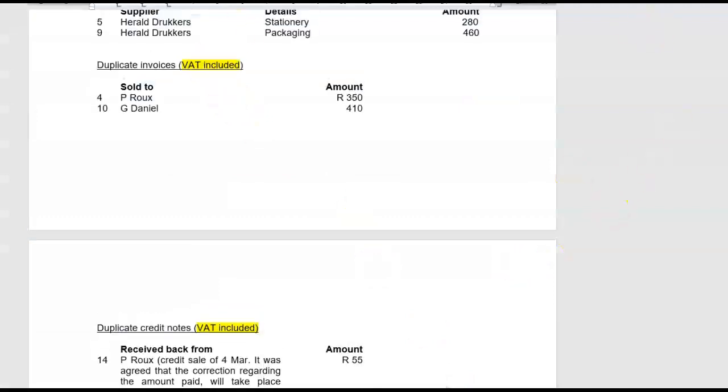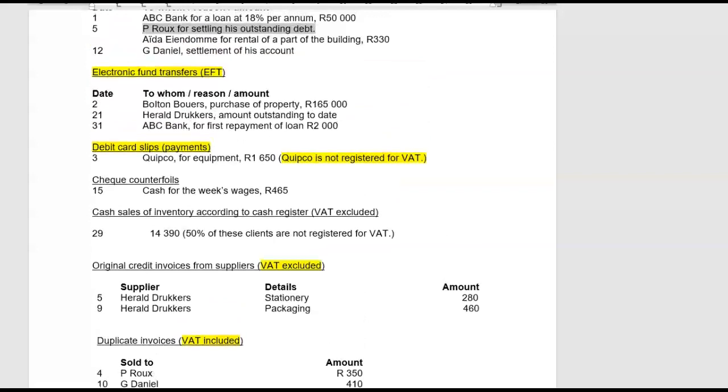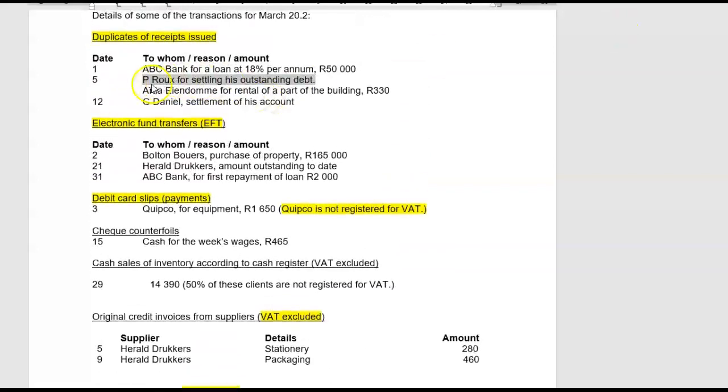Good. There's another transaction on the 5th. Eiendomme for the rental of part of a building, 330 Rand. Now remember, on business premises, VAT is applicable on rent. So we received 330 Rand, for which duplicates of receipts were issued.